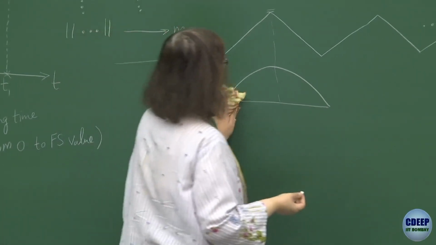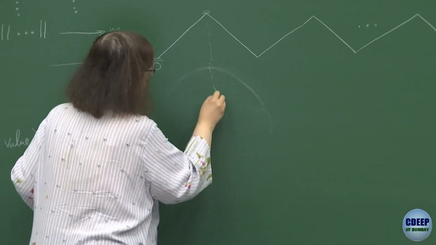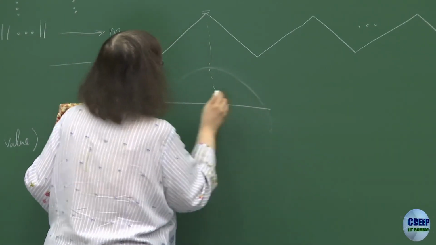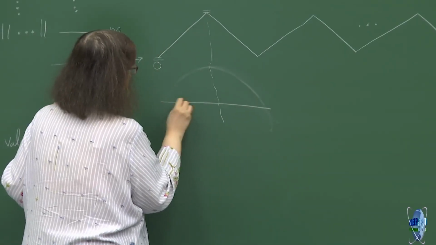If you want to cover one cycle, this is half a cycle. I can make it half a cycle, but let's make it a full cycle. So effectively, it will go this way.